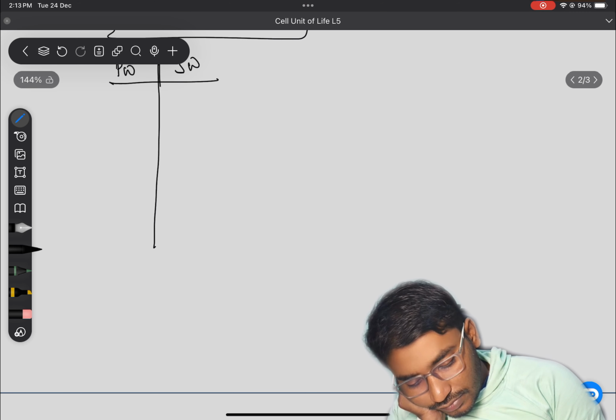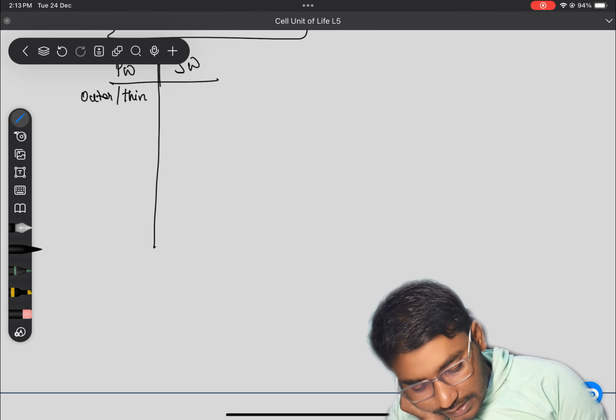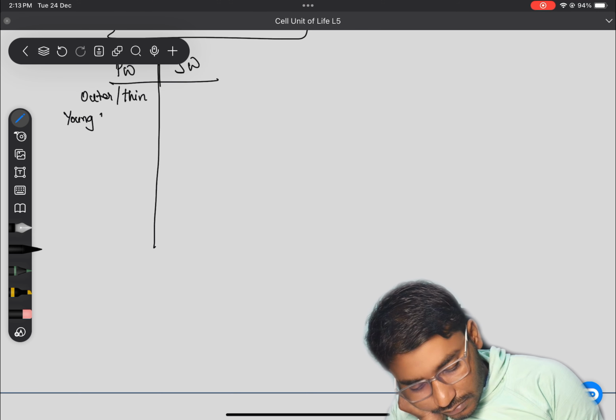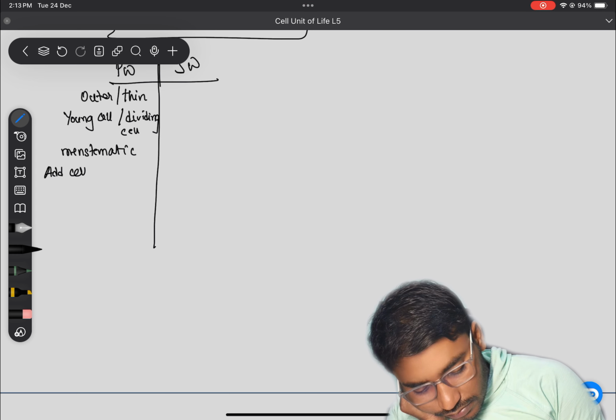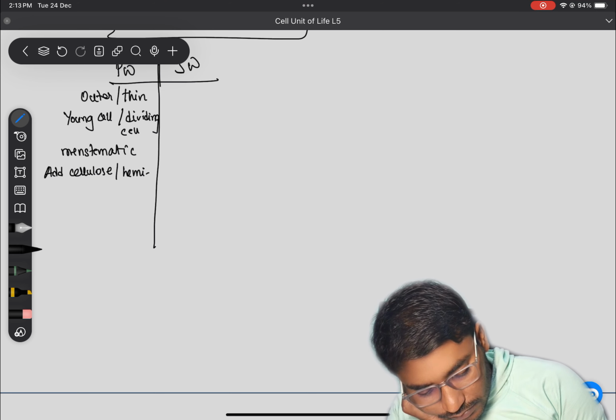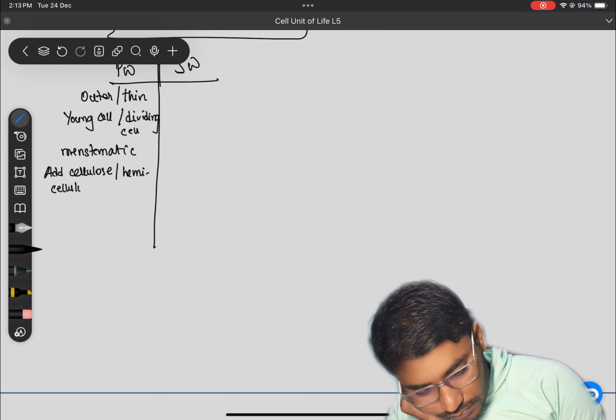PW is outer, thin, young cell, dividing cell, meristematic, adding cellulose, hemicellulose, loosening.